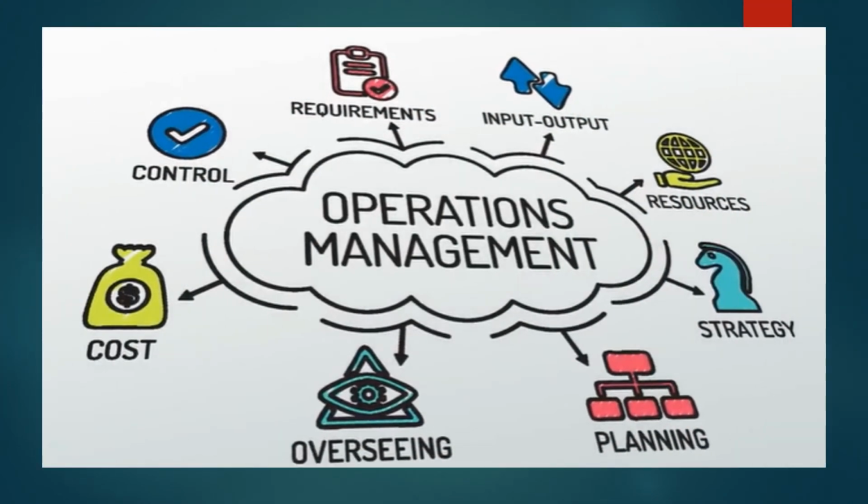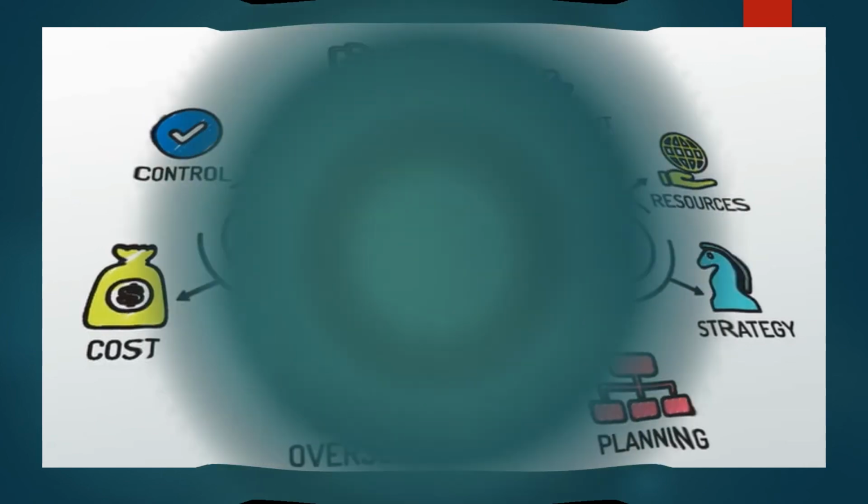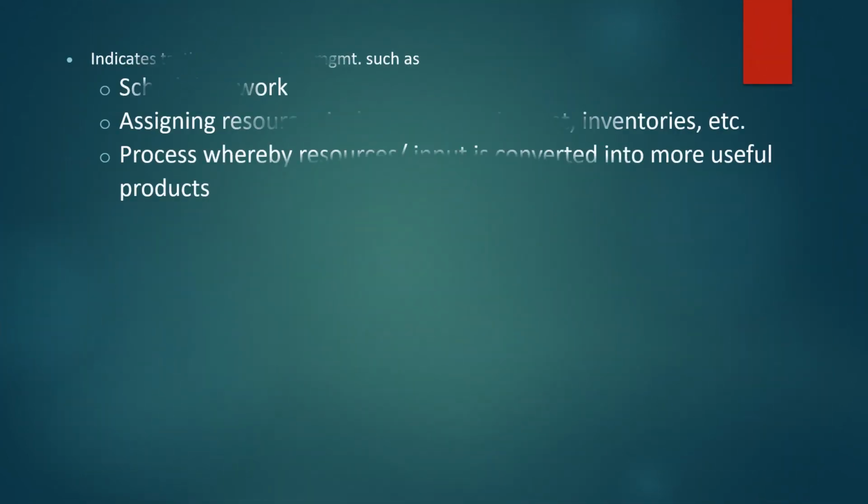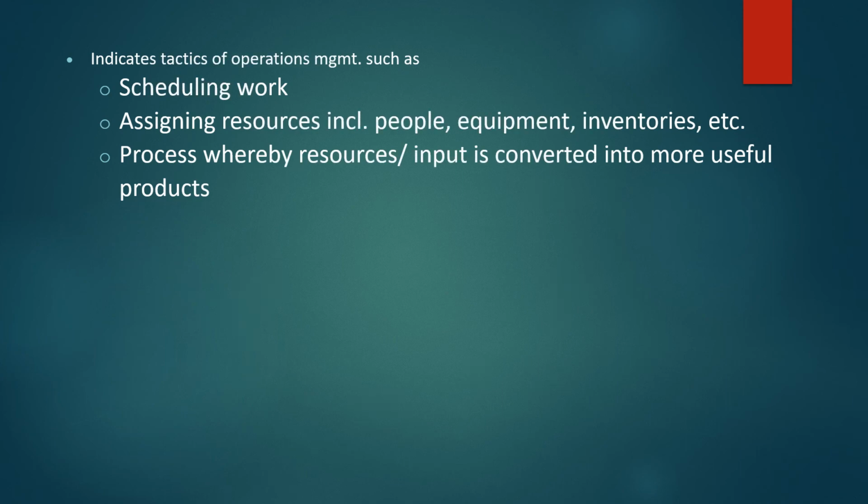So we can see here operations management is concerned with varieties of fields. Operations management indicates tactics such as scheduling work, assigning resources, which includes people, equipment, inventories, etc., and a process where the resources or inputs are converted into more useful products.